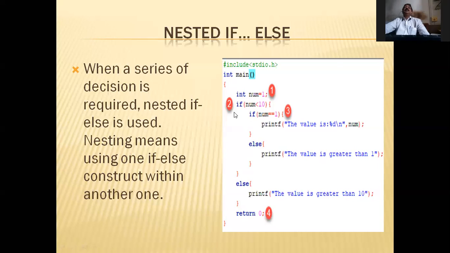So inside the outer if, another if is declared, and the outer if has another else part. The inner if also has an else part. Like this, nested if-else will work. This is very related to C# also.